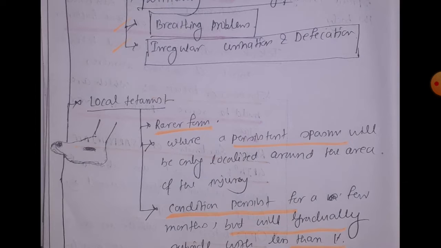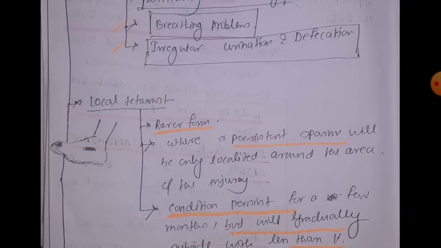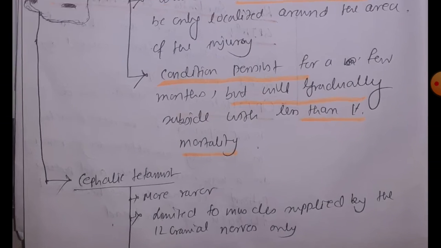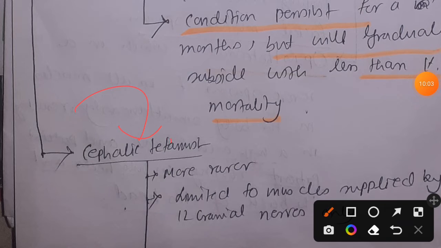where persistent spasm occurs only around the area of infection, and the condition persists for a few months but will eventually subside with less than 1% mortality rate. A still rarer form is cephalic tetanus, which only occurs in muscles supplied by the 12 cranial nerves.